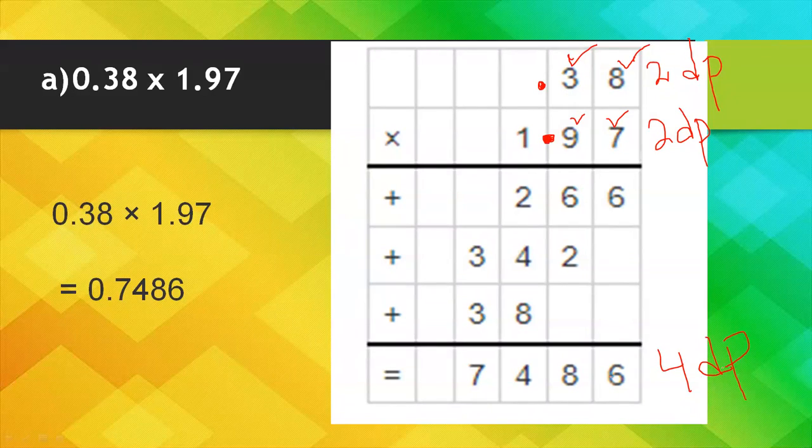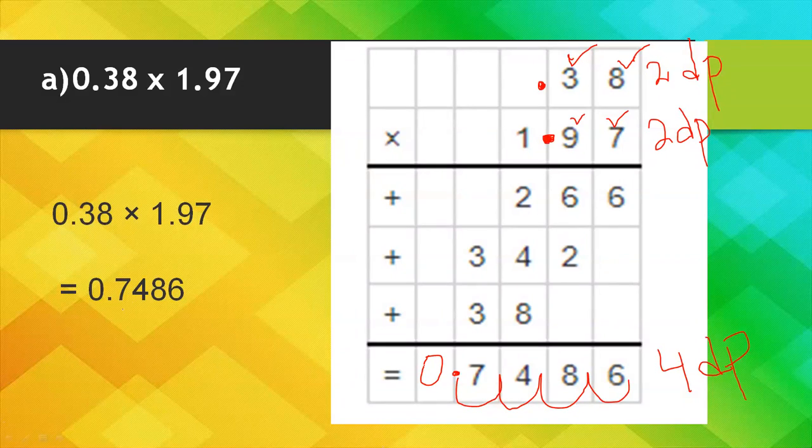So it means in the final answer, you have to put the decimal after your four digits, 1, 2, 3, 4. Your decimal point will be here. And for this decimal, it is visible to everyone; I am substituting the 0 there.